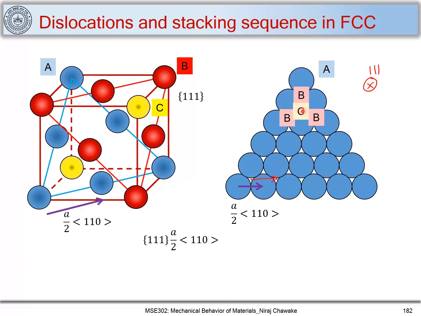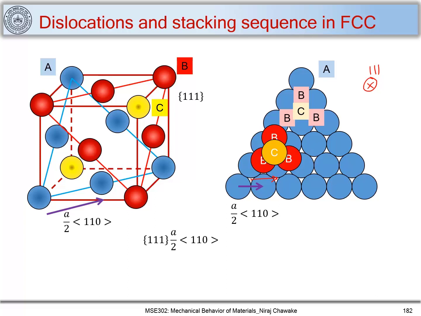So the C plane is at this position. Let's put atoms over this. So you have B atom positions marked on this plane A, and you have a C atom sitting over here.